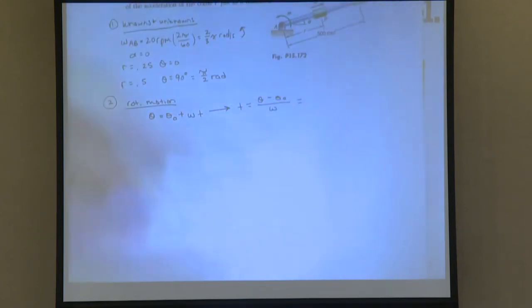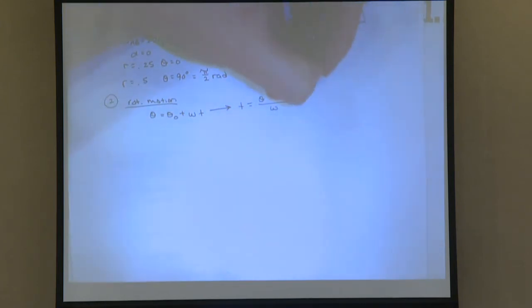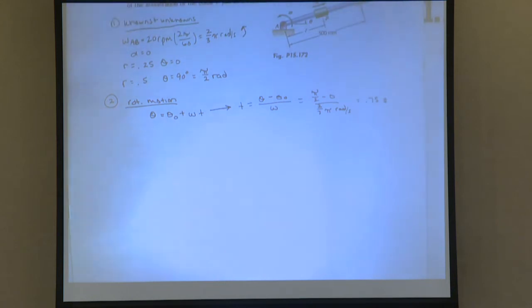From this, t is theta minus theta naught divided by omega. So that is pi over 2 minus 0 divided by 2 over 3 pi radians per second, which gives you 0.75 seconds. So that's the time it takes to go from position 1 to position 2.